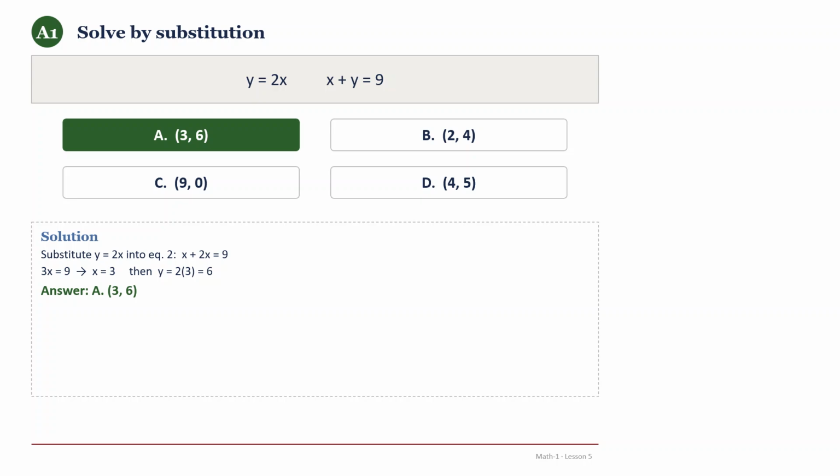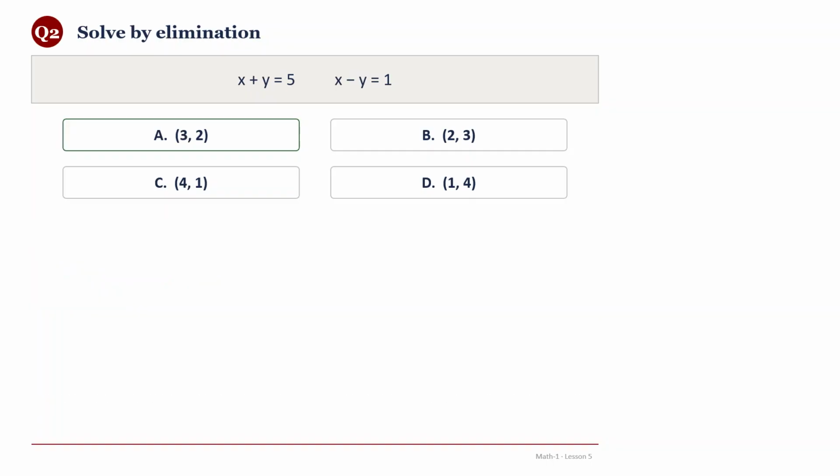Substitute y equals 2x into the second equation. x plus 2x equals 9, so 3x equals 9 and x equals 3. Back substitute to get y equals 6. Watch out for the distractor (4, 5), which is the solve-half trap, where students mix up the substitution direction. And (9, 0) incorrectly sets the wrong variable to 0.